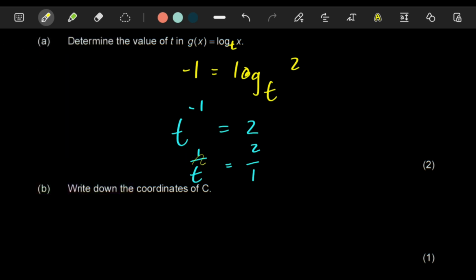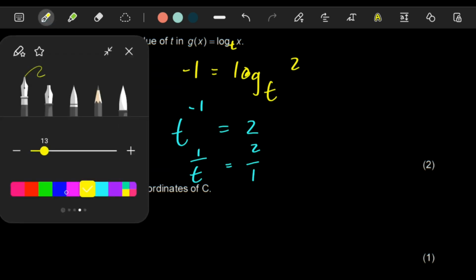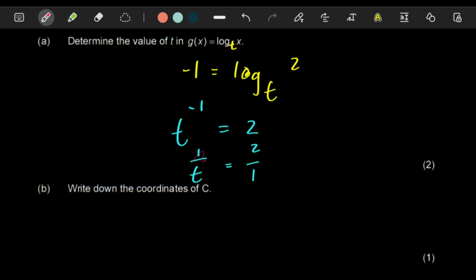And then if you want to get t on its own, you can just flip this, and then flip the other side also. Flip this over, you're going to end up with t over 1, and this flipped over gives you 1 over t. Therefore t is equal to half.